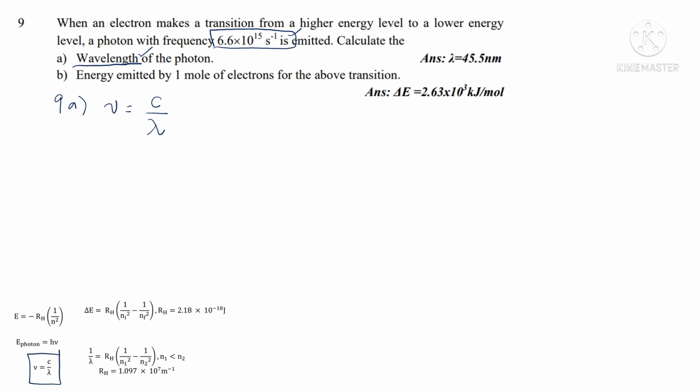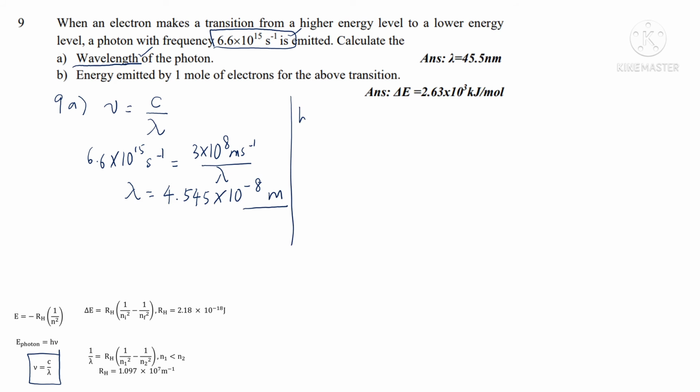The frequency of the photon is 6.6 times 10 to the power of 15 per second, the speed of light is 3 times 10 to the power of 8 meter per second, and the wavelength is what we are looking for. By substituting everything into the equation, we get the wavelength of the photon as 4.545 times 10 to the power of negative 8 meter. Since the question is not asking in nanometer, we can just leave the answer in meter.